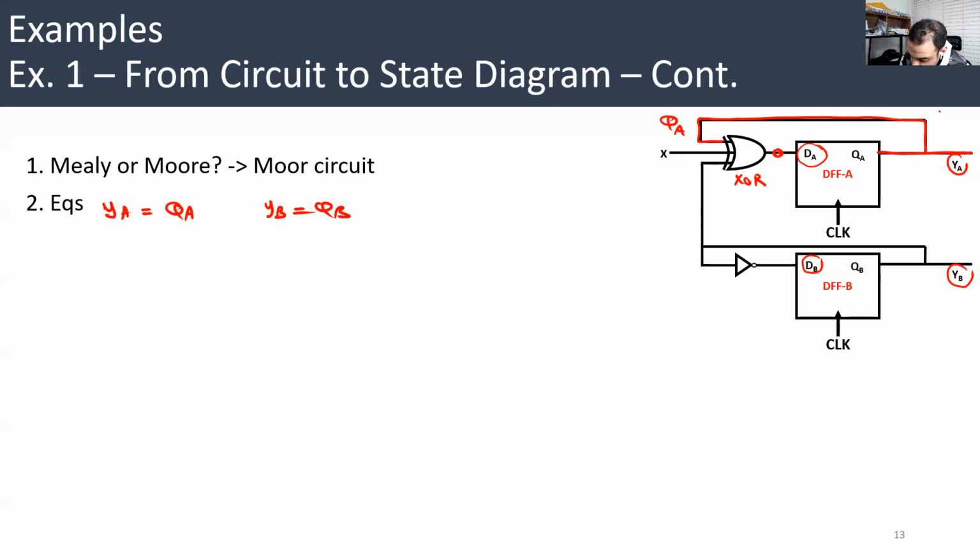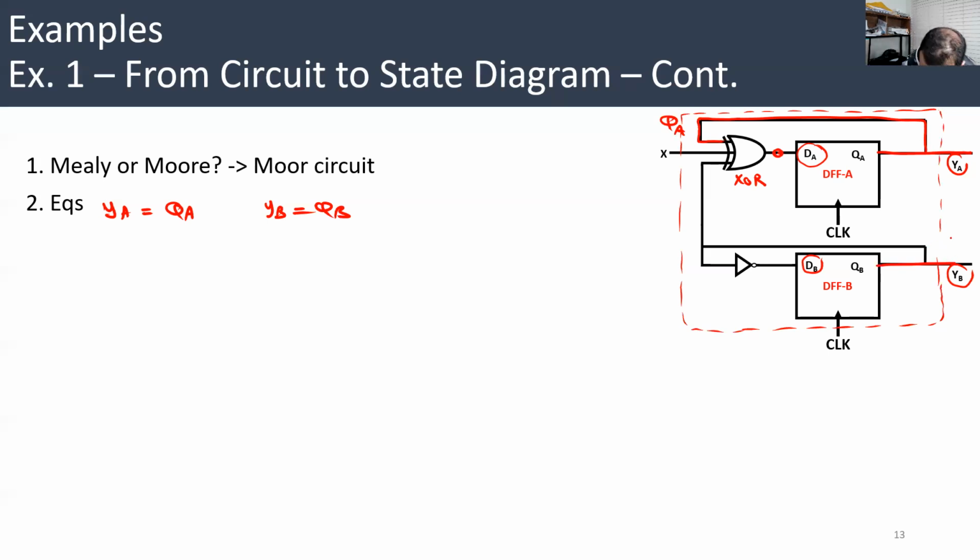Remember, YA is the output. So this is the whole circuit like this, and YA and YB are the outputs and X is the input. So whenever you find an equation, you find it as a function of the input X and also the states QA and QB, not the output.